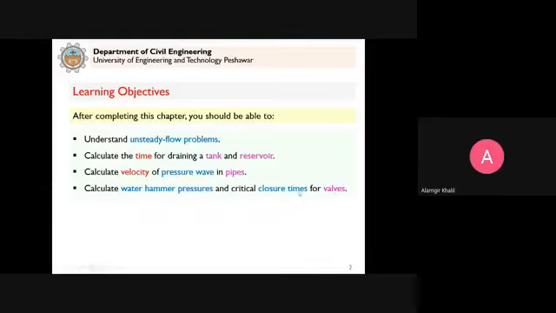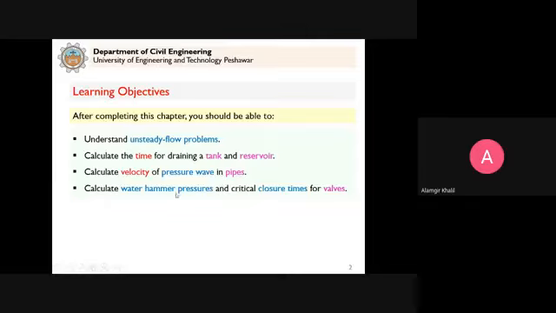If you suddenly stop the water, the pressure that is developed can burst the pipe. These are known as water hammer pressures, and we would like to calculate the critical closure times that we need to avoid, so as to keep this pressure to a minimum and avoid any damage. Clear? Very interesting topics that we are going to cover in this chapter.